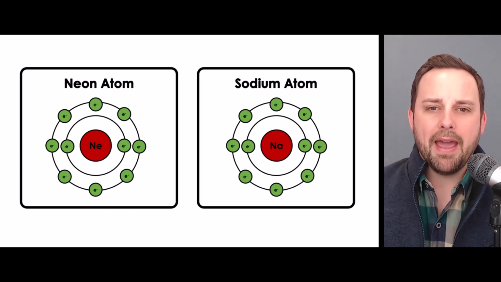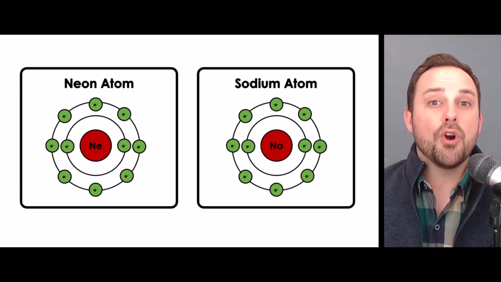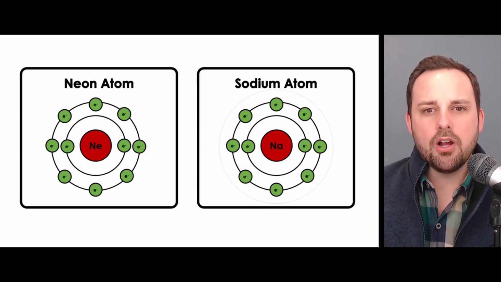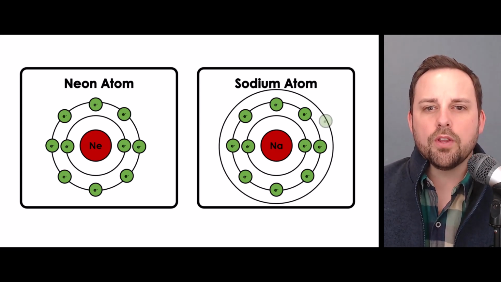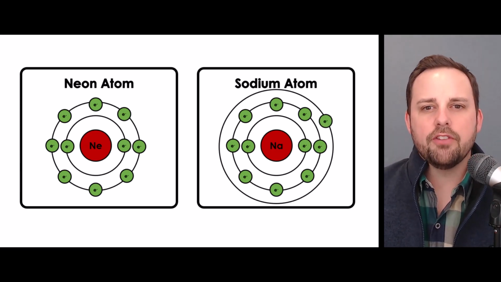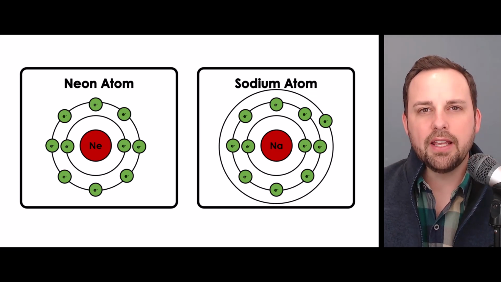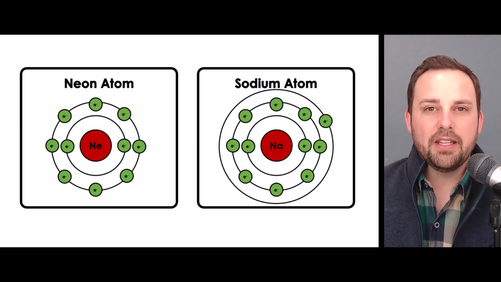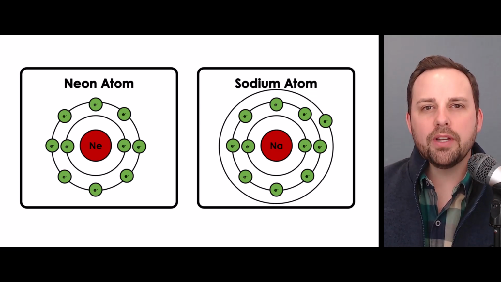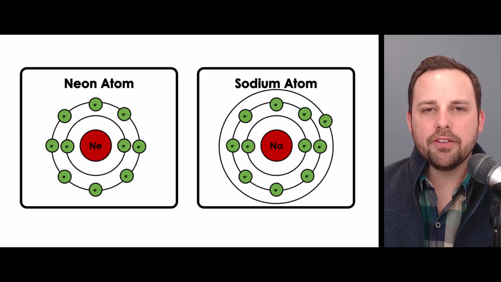So now we're at the max of shell number 2, but we're only at 10 total electrons, which means we have to now draw shell number 3 with 1 more electron. So this is what the atomic structure of a sodium atom looks like. It includes 3 electron shells, 2 in shell number 1, 8 in shell number 2, and 1 more electron by itself in shell number 3.